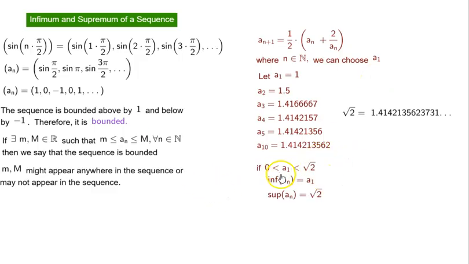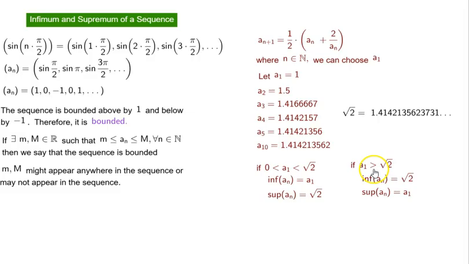Here, A sub 1, since we can choose the first term, if we choose a number between 0 and root 2, our infimum of this sequence will be A sub 1 and supremum will be root 2.